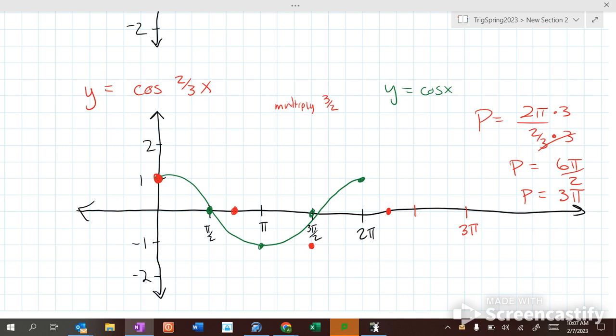Right there. And then 12 squares times 3 halves is like 18 squares, which would be here. So it's just stretched out a little bit more. Okay? We're just stretched out a little bit more.